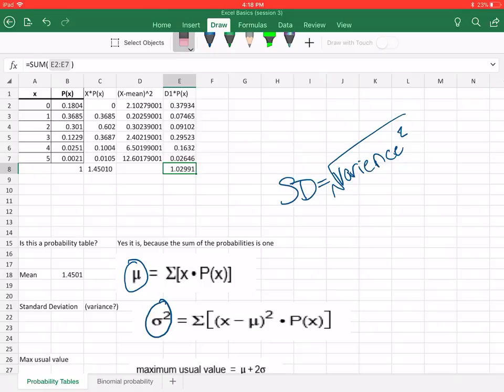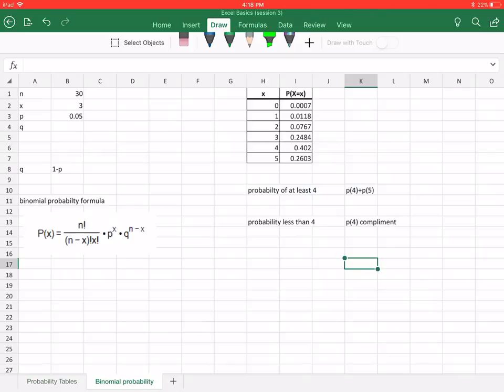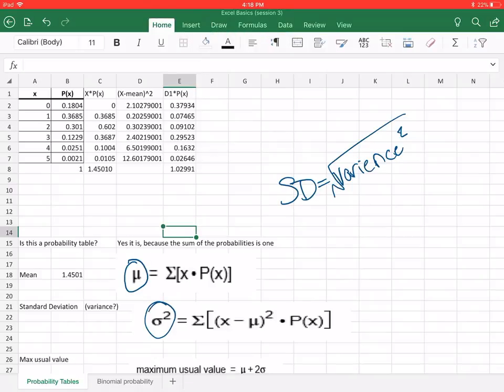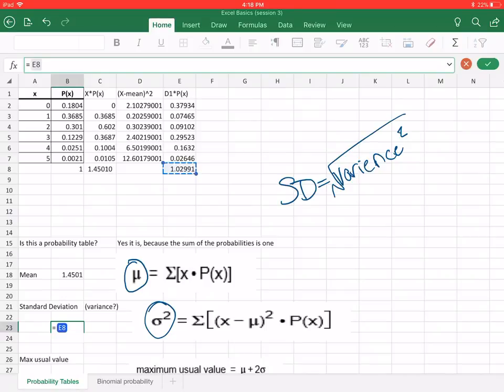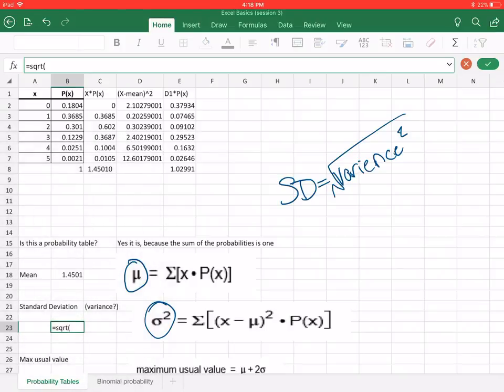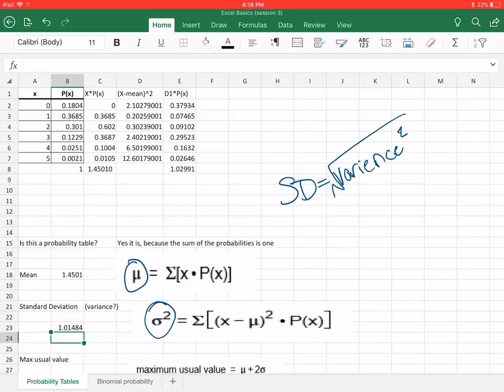So what we're going to do is I'm just going to come down here to the standard deviation section. I'm going to do equals that summation that we found. I'm going to square root it. So SQRT is the abbreviation for square root in Excel. Take the square root, and that would be my standard deviation.